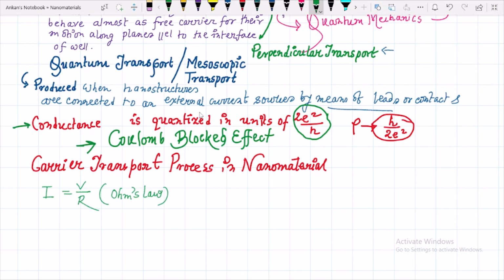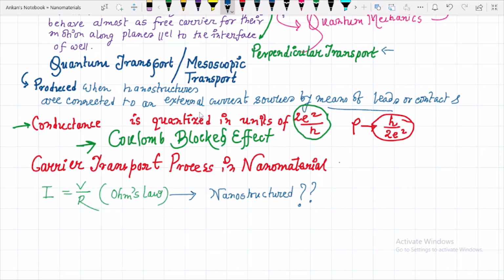My question is: may the same relation also be true in the case of a nanostructured conductor or nanostructured material? Is this also true in the same form as observed in the macroscopic material? This is our main question to find out in this discussion. I will give you the answer at the end of the discussion.